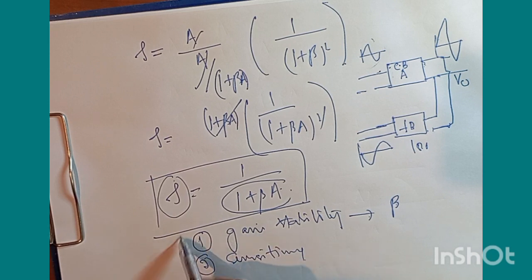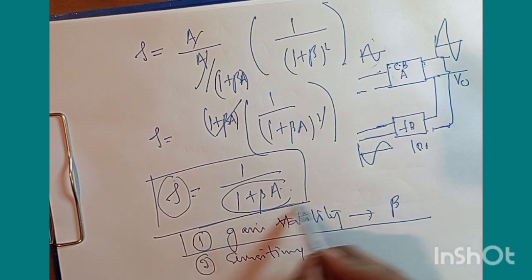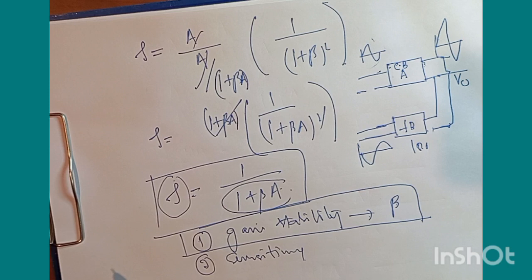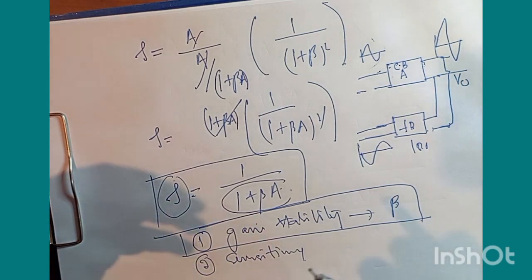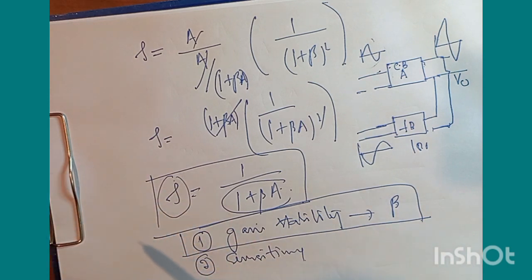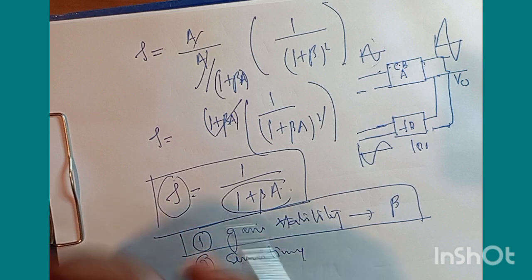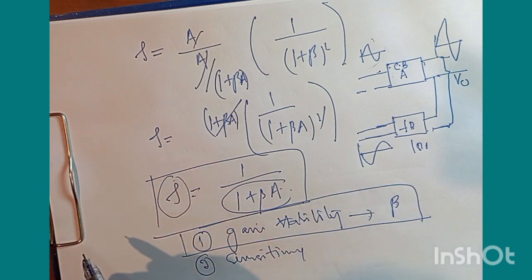So here we are sure about one thing: if there is variation in the frequency of the system, or if there is variation in the temperature, the gain of the amplifier will not be disturbed. It will not be disturbed because the gain is independent of the temperature and independent of the frequency that might be changing in the system.